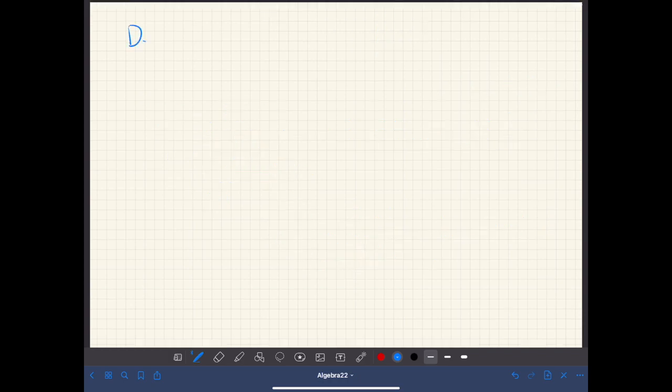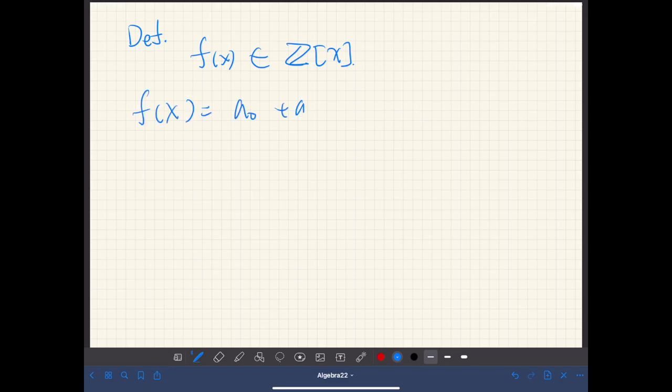Now let's define a few notions. Let f of x be a polynomial with integer coefficients, written as a0 plus a1x plus and so on, an times x to the power of n, where all these coefficients are integers.